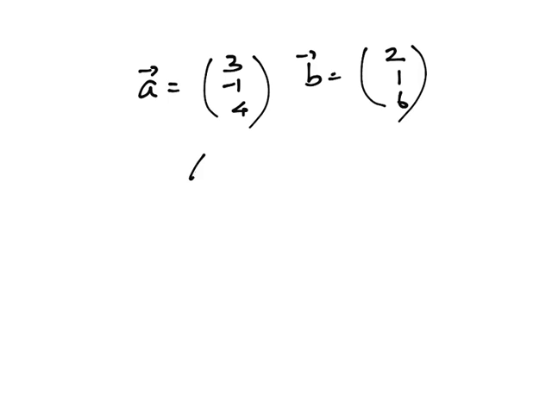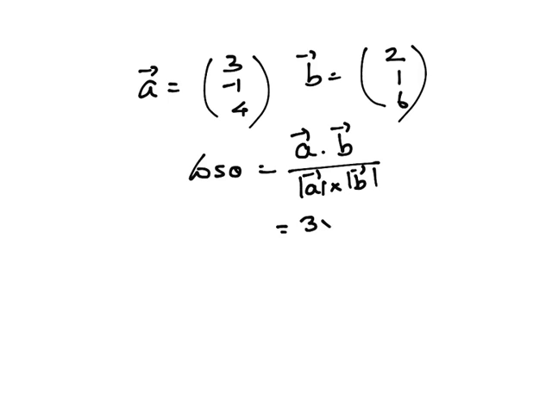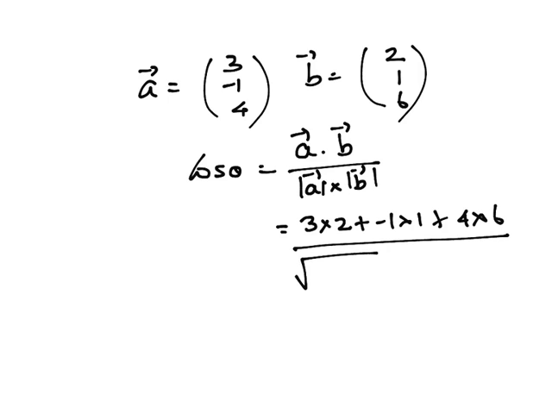The formula is cos theta equals A dot B divided by magnitude of A multiplied with magnitude of B. So A dot B will be 3 into 2 plus minus 1 into 1 plus 4 into 6, divided by the magnitude of A, which will be square root of 9 plus 1 plus 16.